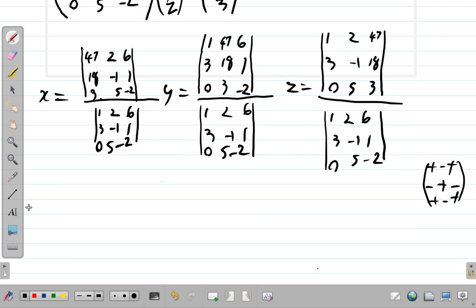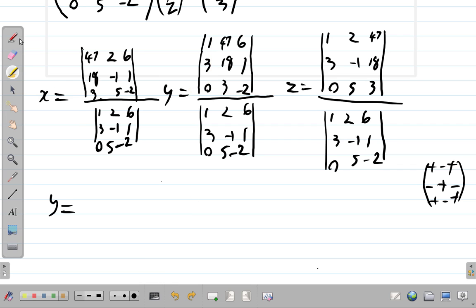So here now, y equals, if we expand across, you know what? It's going to be a bit easier if we expand across row 3. So let's cover the row and column that contains 0.